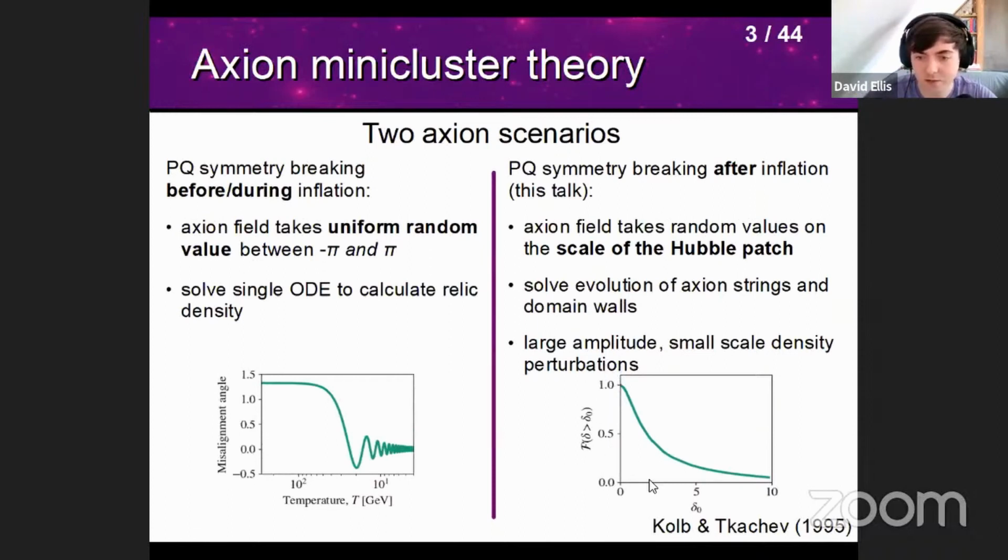And so here we see a typical distribution of these from a paper from Kolb and Tkachev. And we see that we have some very high density tail of rare, very overdense regions. And what this means is that very early in the universe, we will have locally matter overdense regions, which will then collapse into objects.